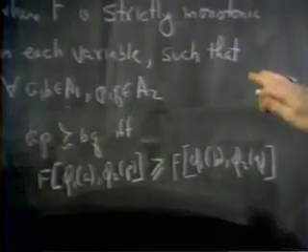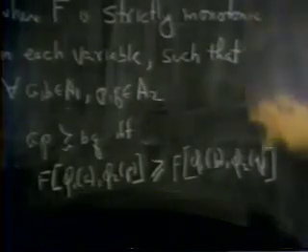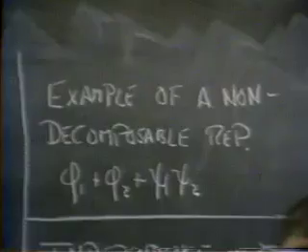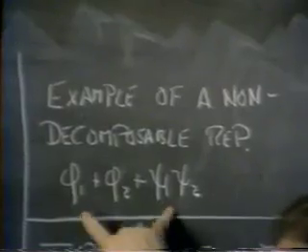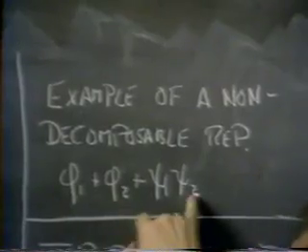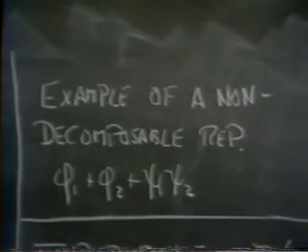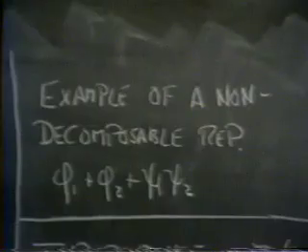But let me point out that there are interesting representations that are not decomposable. Perhaps the simplest one to think about is this, where I have two scales on each of the components, phi1 and psi1 on the first component, phi2 and psi2 on the second component, and I assume that the phis and the psis are not the same functions.